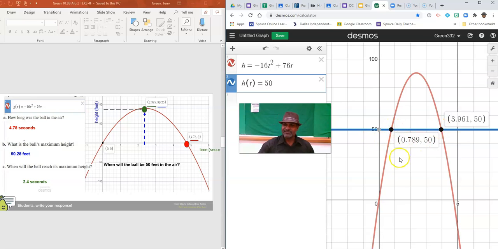So this tells me that the height of the ball is 50 at about 0.79, and the height of the ball is 50 at almost 4 seconds. So at 79 hundredths of a second, or almost 4 seconds, the ball will be 50 feet up. Okay, so we got another example like that.